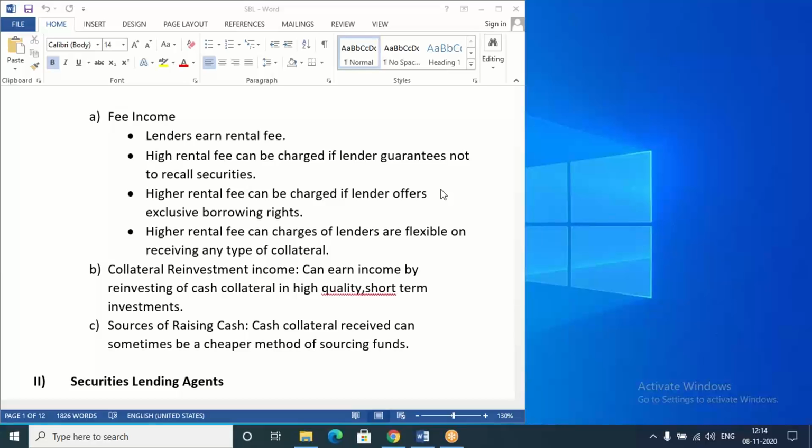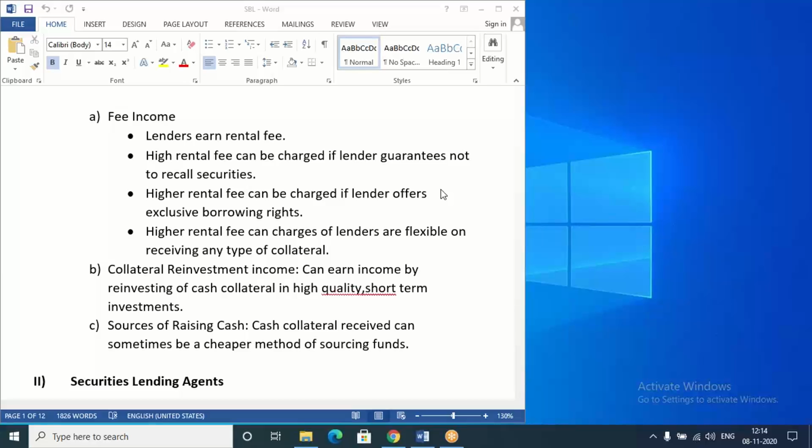Next, the reasoning behind why a lender lends is that he gets collateral reinvestment income in case of cash collateral. If the lender is given cash, he would reinvest it in the market and get returns on it. Another reason is that it's a cheaper way of sourcing or raising cash.